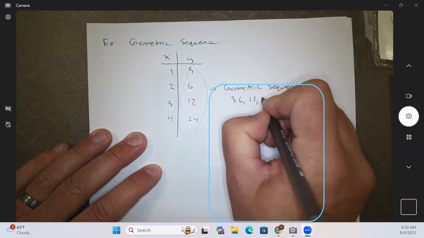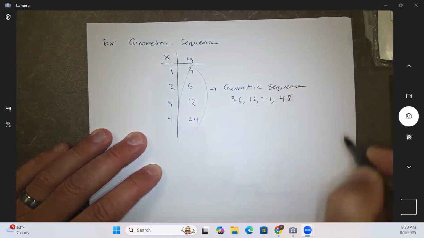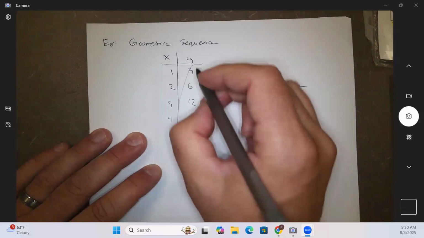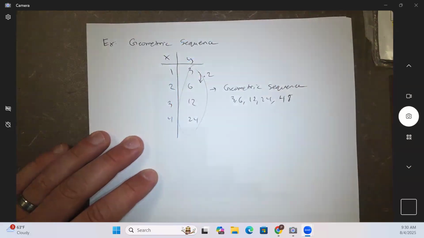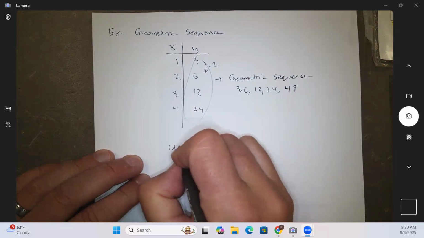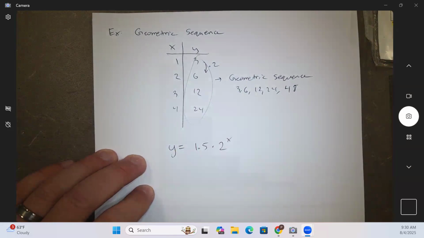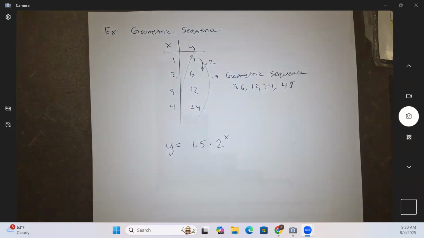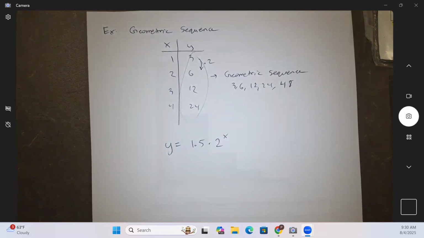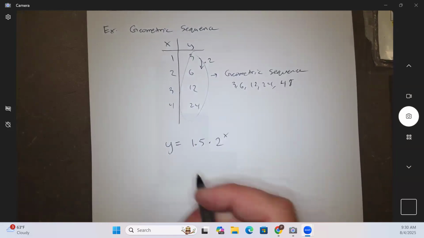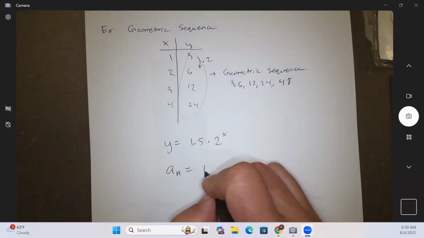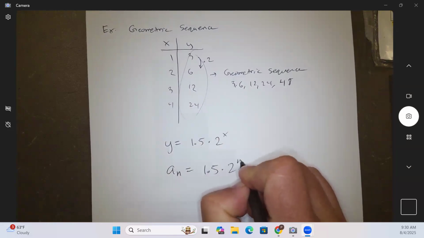The next term would be 48 because we're multiplying by 2 each time. And I could write it as y equals 1.5 times 2 to the x. So I could write that as a sub n equals 1.5 times 2 to the n.